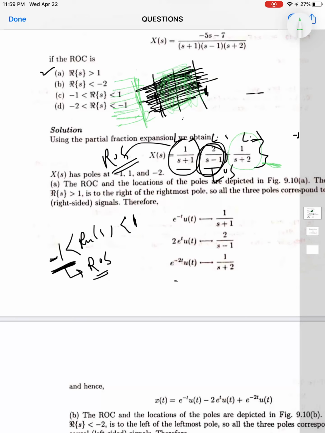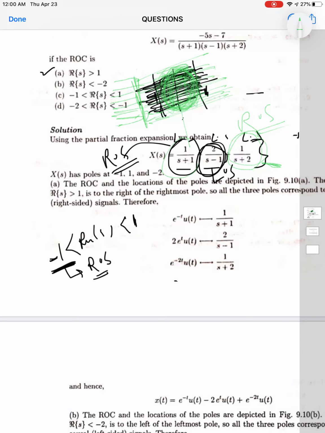Now let us suppose you consider it in this direction, meaning right sided. Then the overlapped area with respect to each term will be this part.